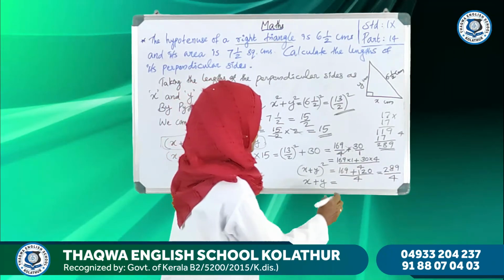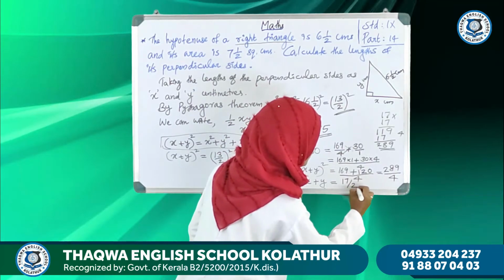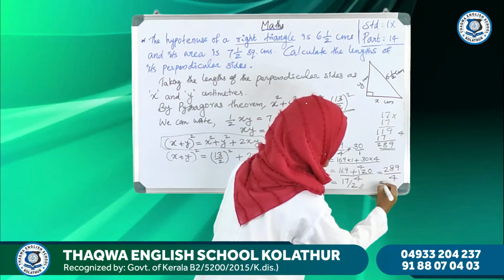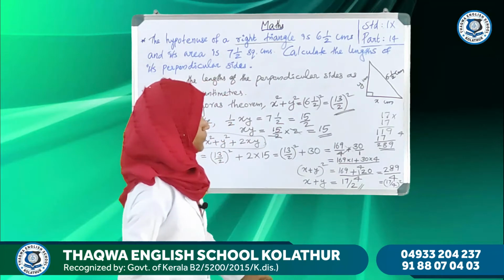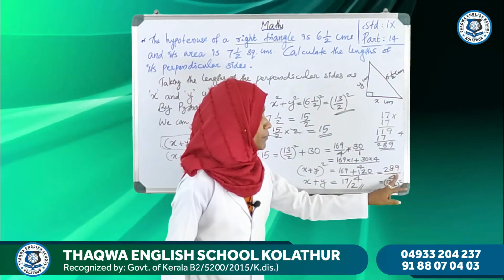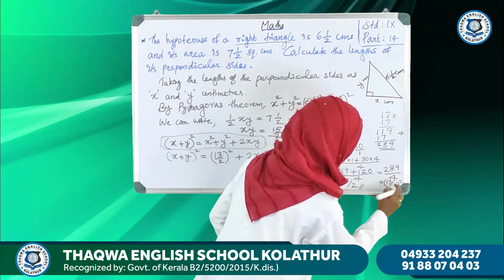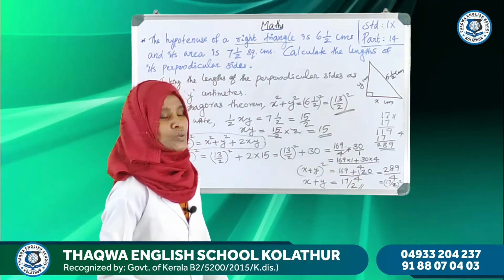289. Now we can write 17 by 2 square 4. 289 is 17 whole square. 289 by 4 can be written as 17 by 2 whole square.